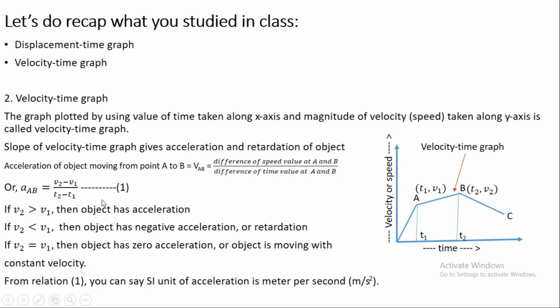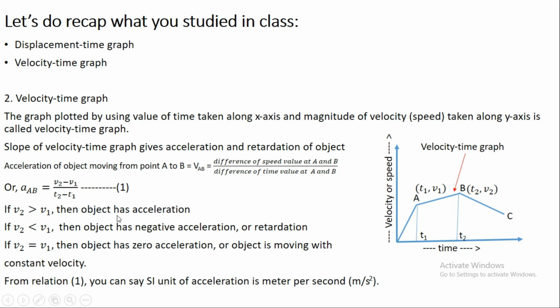This is equation 1. Regarding the values of v2 and v1, there are three cases. For example, if v2 is greater than v1, a smaller number subtracted from a bigger number gives a positive number, and in that case the object has acceleration.